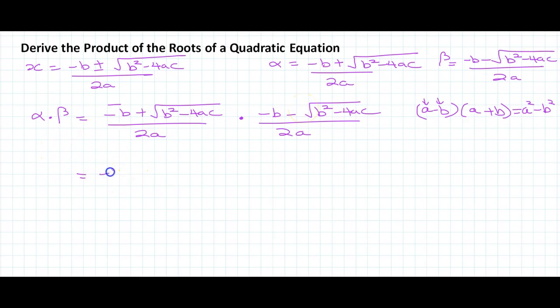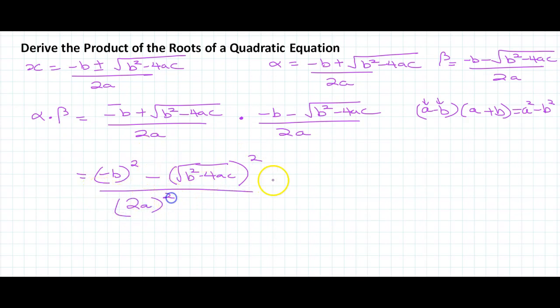So it's going to be negative b squared, minus the square root of b squared minus 4ac, squared, over 2a, and then we're also going to square that.